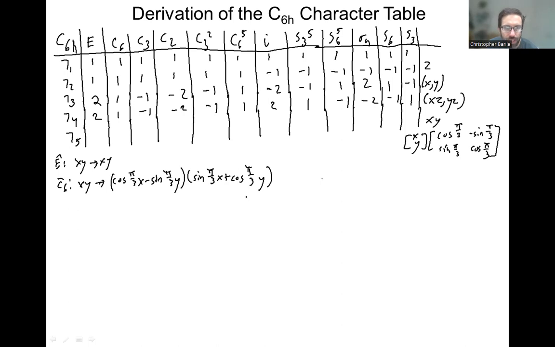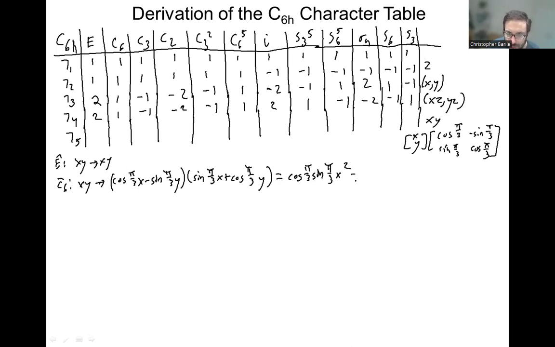And so we can multiply this out, and I'm keeping it generic at this point so that we can see a relationship that can be extended to these other operations. If we evaluate this and say cosine pi over 3 equals 1/2, etc., we're not going to be able to see those relationships as easily. So now we FOIL this out, and we end up getting cosine pi over 3 sine pi over 3 x squared.